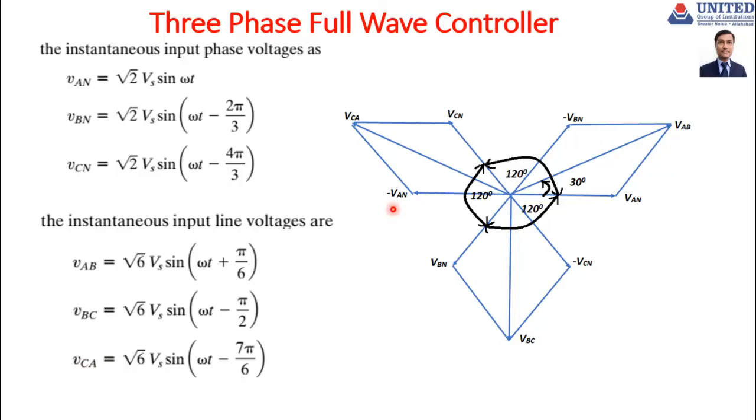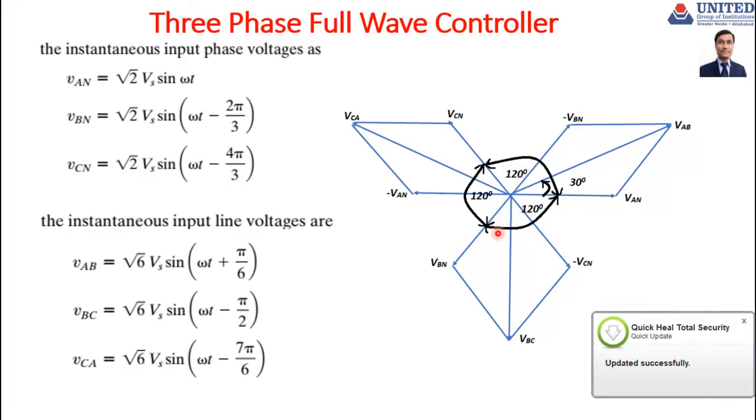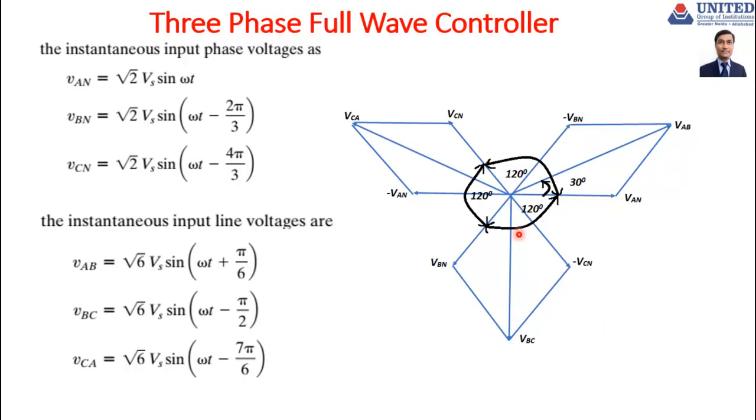Now here is the phasor diagram of the supply voltage. From this phasor diagram we see that the phase shift between VAN and VBN is 120 degrees. Similarly, the phase shift between VBN and VCN is 120 degrees, and between VCN and VAN is also 120 degrees.